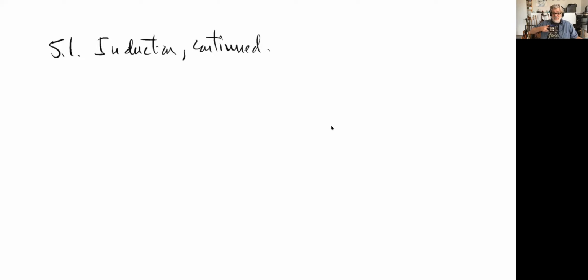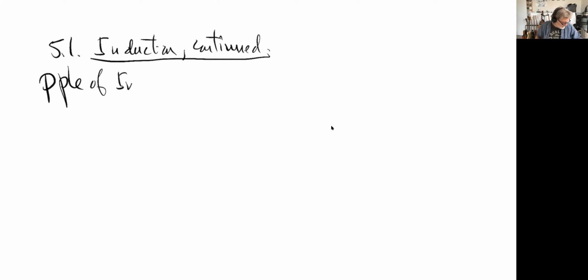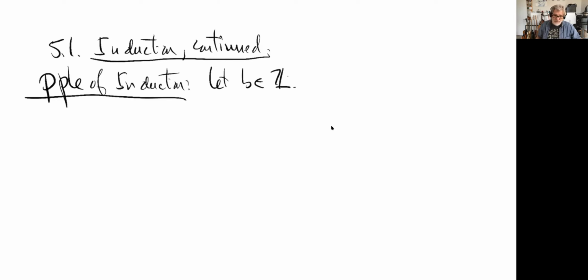Okay, so let me restate induction, the more general version that we saw. Principle of induction. I think this is maybe not quite phrased this way in the book, but the difference is so slight that I'm sure you won't have any problem with this.